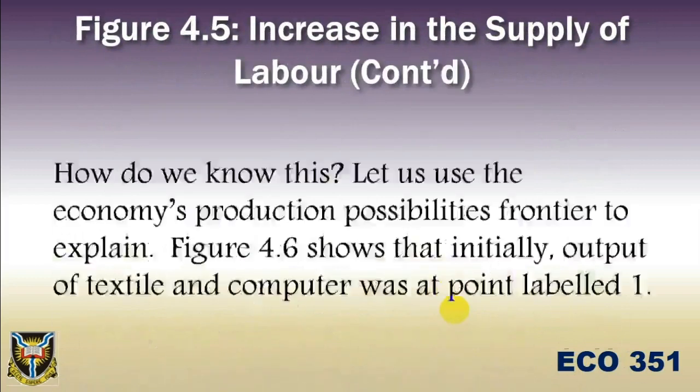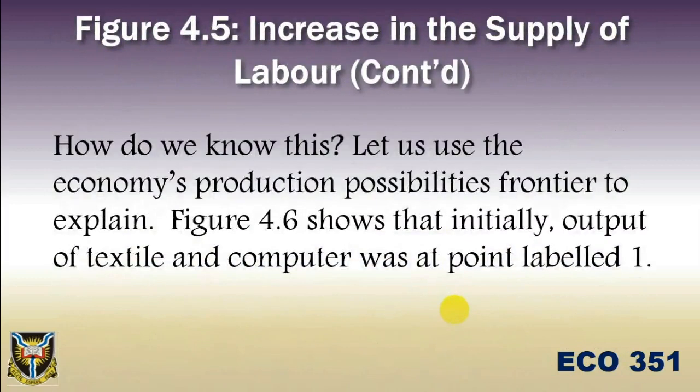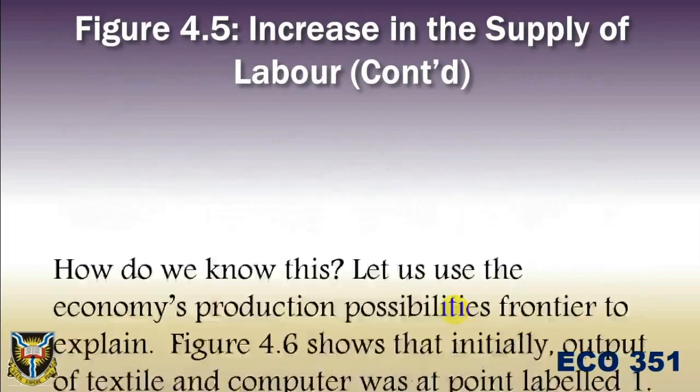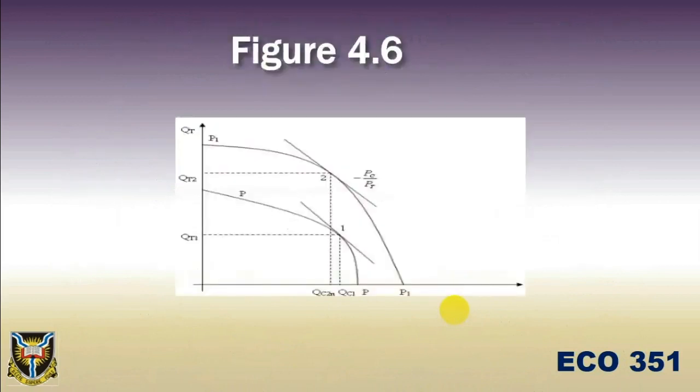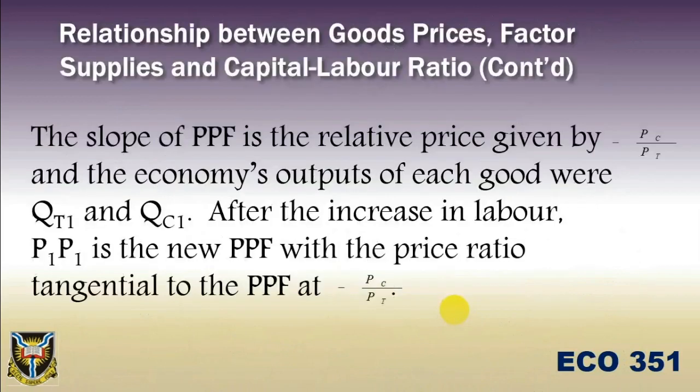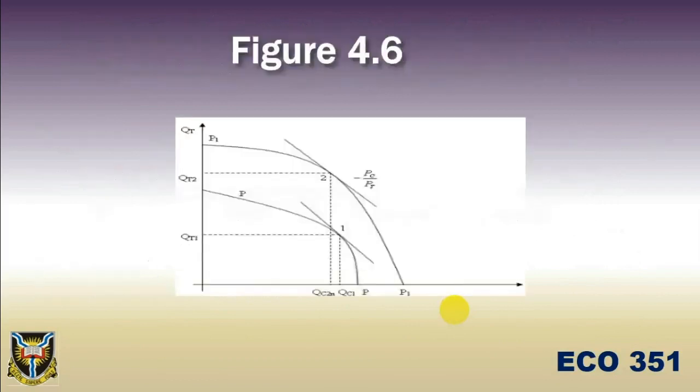Let us use the economy's production possibility frontier to explain this. Figure 4.6 shows that initially output of textile and computer was at the point labeled 1. The slope of the PPF is the relative price, PC over PT, and the economy's output of each good were QT1 and QC1.